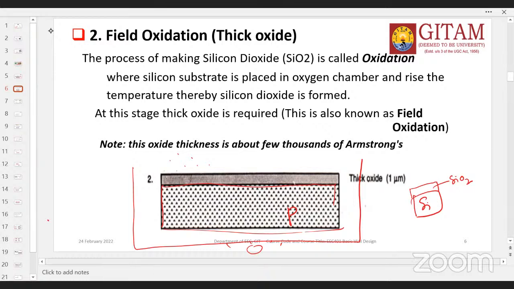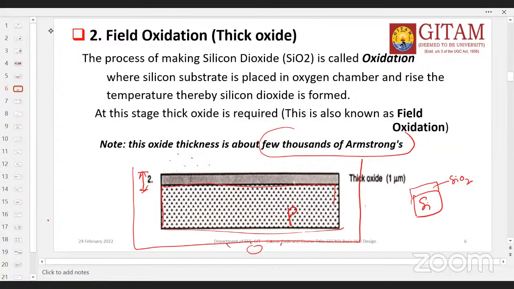The thickness of the oxide is a few thousand angstroms. Of course, that is much less than the thickness of the substrate, but on top of it we require a few thousand angstroms of silicon dioxide.